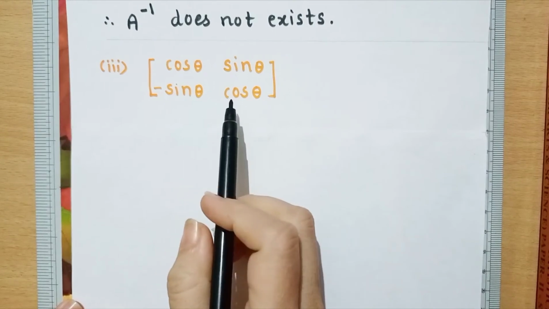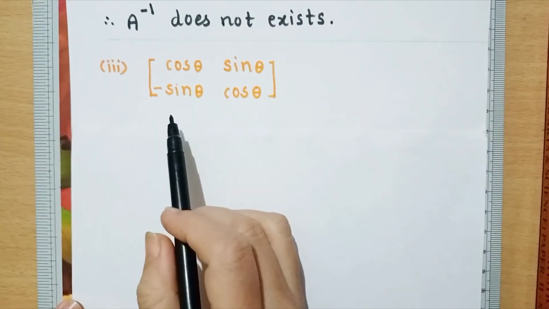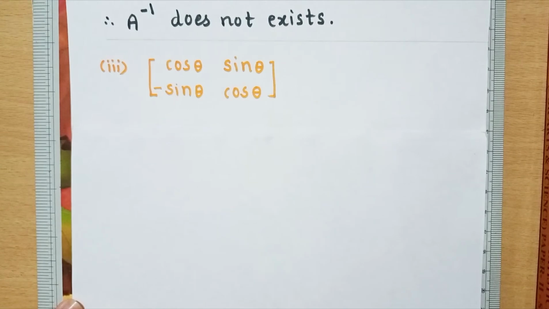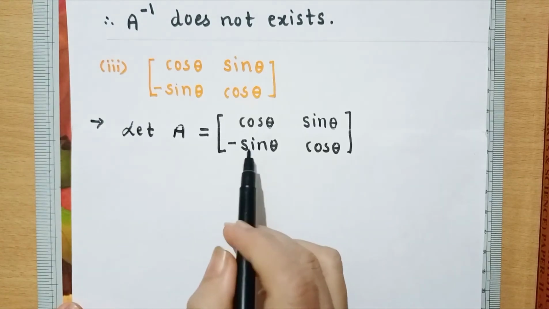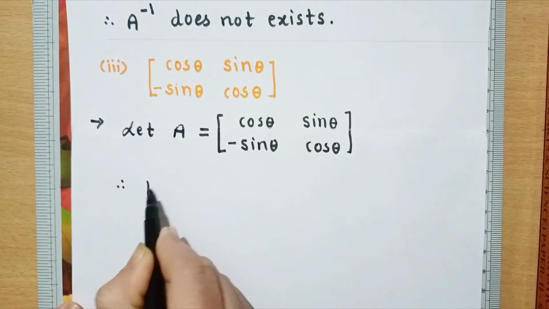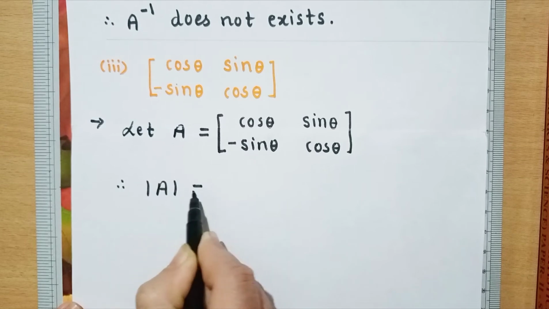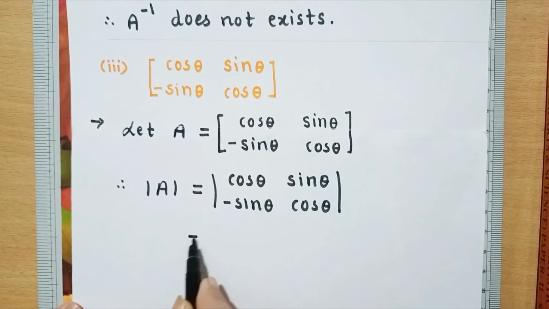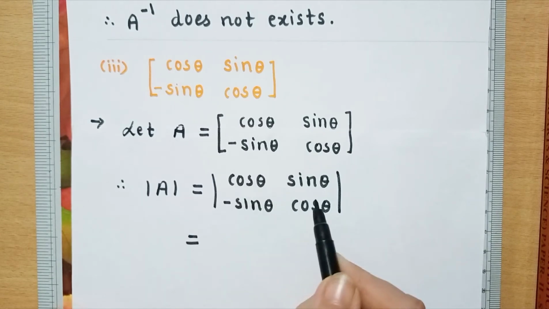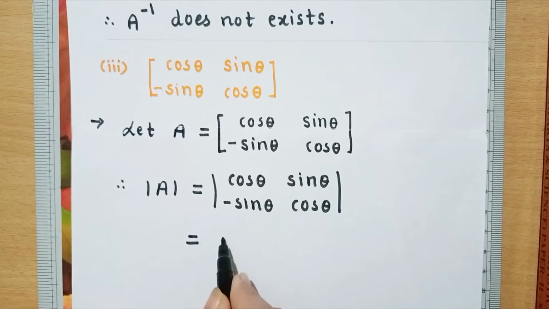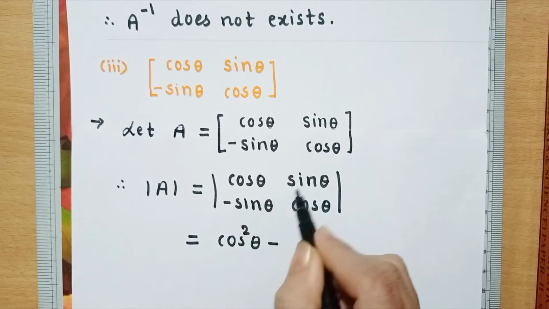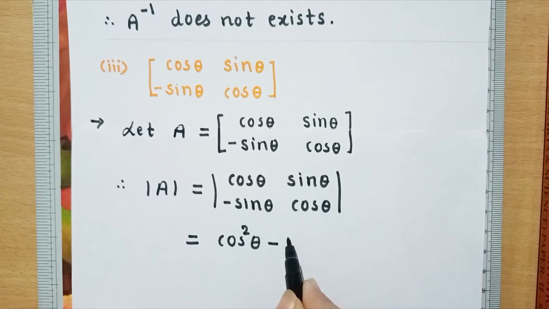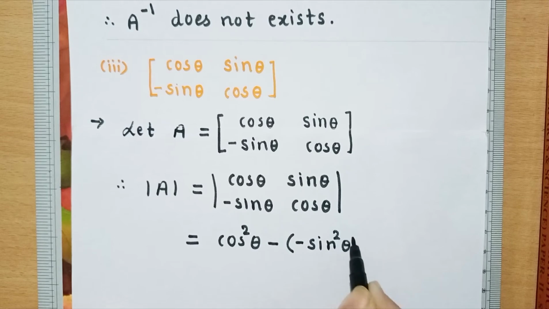This is our third example, and here also assume A is equal to this matrix. Now find the determinant of A, which is the determinant of this, and cross multiply first. So cos times cos, cos square theta, minus, and again minus sin theta into sin theta, so minus sin square theta.